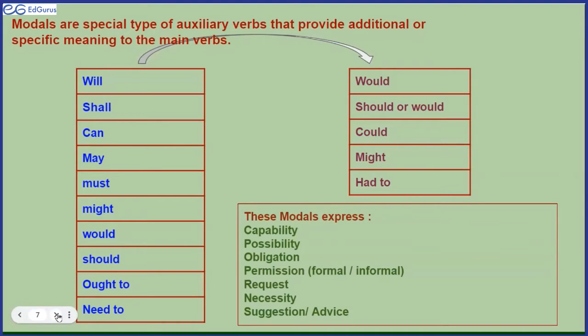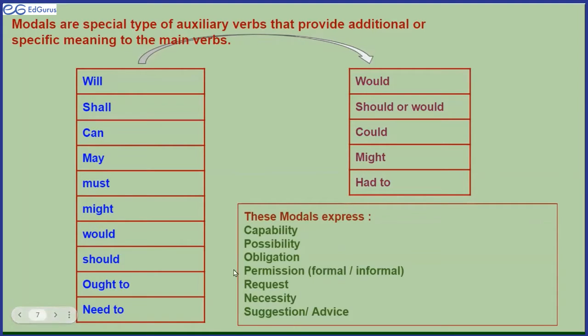So when we use these modals, these auxiliary verbs, then the meaning of the main verb, here close the door, close, right? So the meaning becomes specific, the meaning is changed, or the meaning is more clearly defined. I hope it is clear.